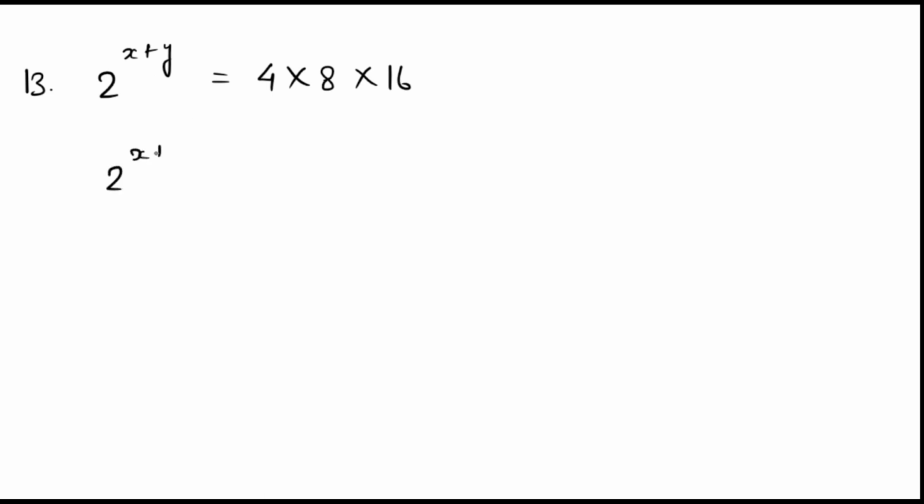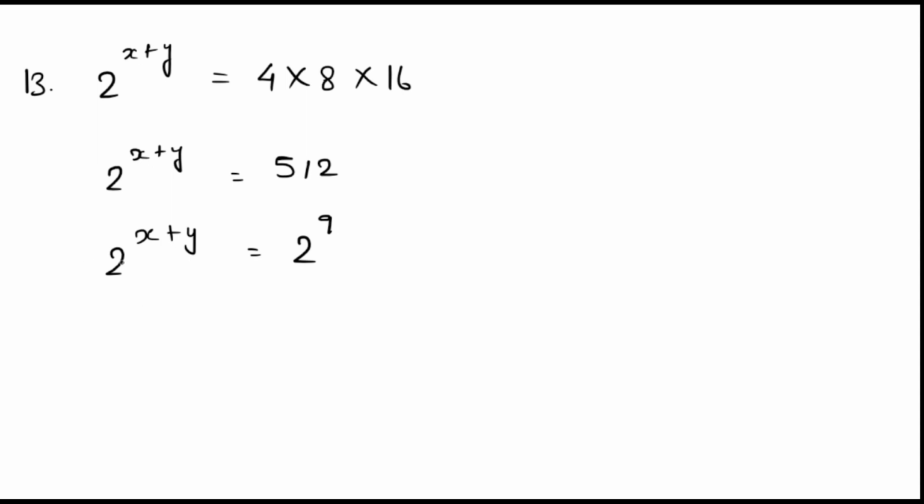Multiplying 4 into 8 into 16 will give us 512. Now 2 to the power x plus y is equal to 512, and I'm writing 512 as 2 to the power 9. 2 to the power 9 is 512.